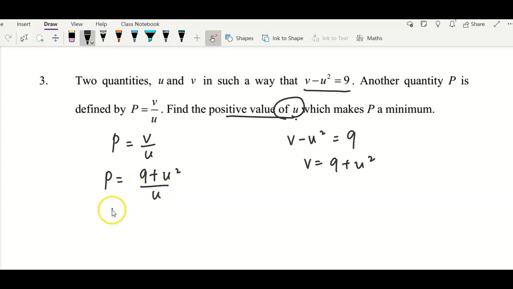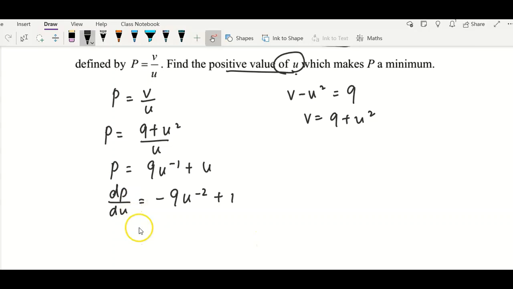Before I differentiate, I think it's easier if I separate this function into two separate terms. I got 9u to the power of negative 1 plus u squared over u, I got u. So find your dP/du. You have negative 9u to the power of negative 2 plus 1, or you may write this in the form of negative 9 over u squared plus 1.